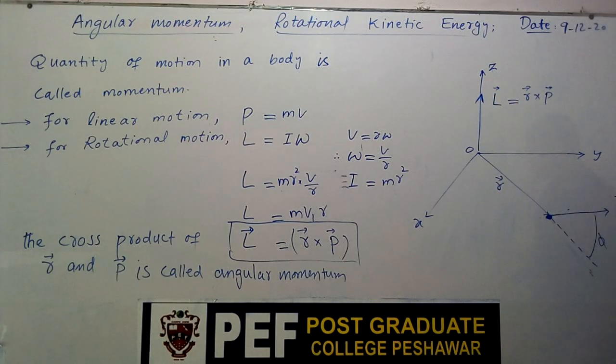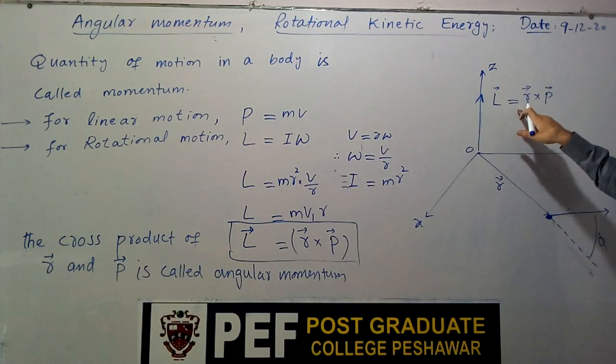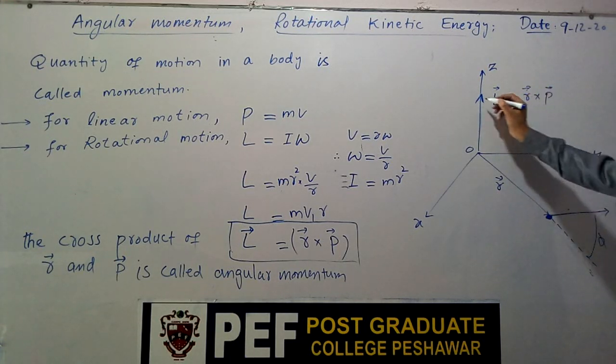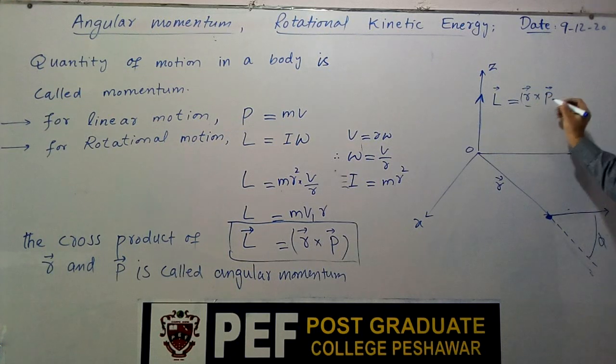Let me explain it once again. If this is the position vector r of an object, this is the linear momentum p which makes an angle pi with the position vector. So by the cross product, r cross p will be in the upward direction. L equal to r cross p. This will be the direction of angular momentum.